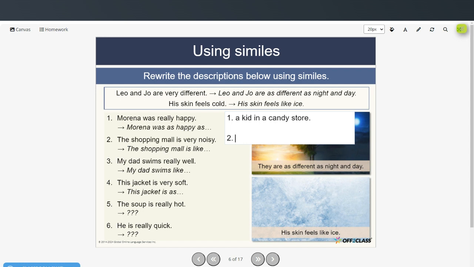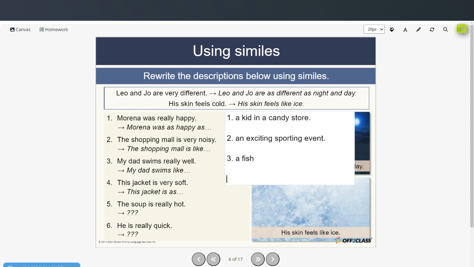The shopping mall is like... think of a noisy place... an exciting sporting event. My dad swims really well. My dad swims like a fish. This jacket is very soft. This jacket is as soft as silk.